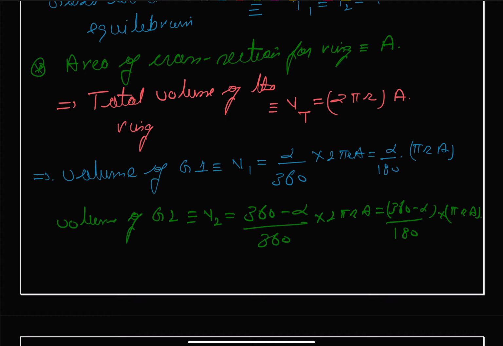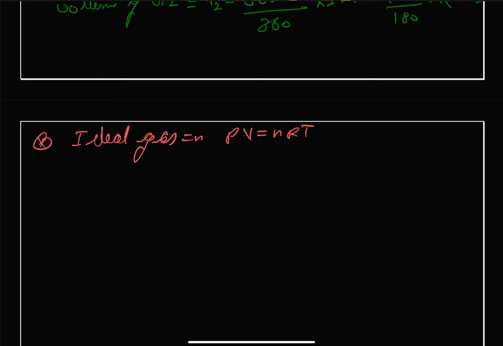Now we can use the equilibrium condition with respect to the ideal gas equation, which gives us PV is equal to nRT, and here n is the number of moles, which is equal to the actual mass divided by its molar mass.